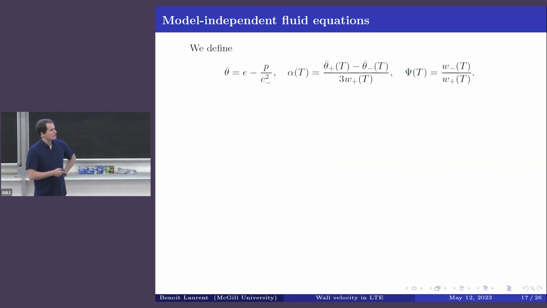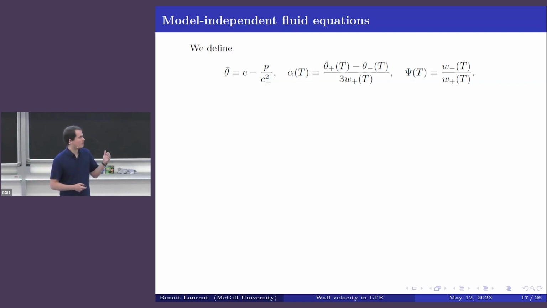So yes, the thing that is useful with these equations of state is that they depend on a very small number of parameters. And here we can actually redefine a couple of these. First we have this theta pseudo trace in terms of the energy and the pressure in the plasma. From that we can define this alpha parameter, which is very often used to describe the strength of the phase transition. This is essentially the amount of vacuum energy which is released during the phase transition divided by the thermal energy in the thermal bath before the phase transition.